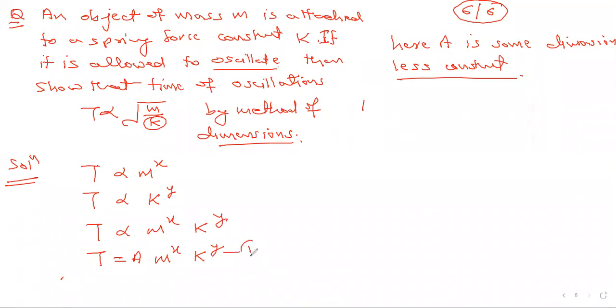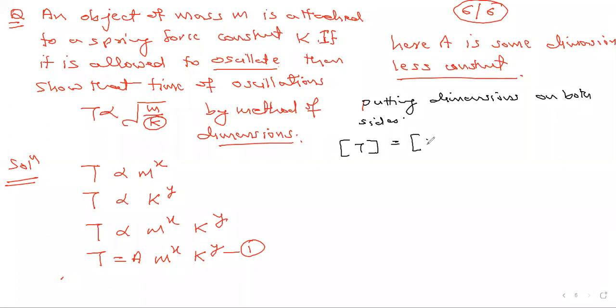This is equation number 1. Putting dimensions on both sides. So this is T, m to the power x. K is the force constant. Its dimension is, someone please tell, m t minus 2, right? Whole power y.